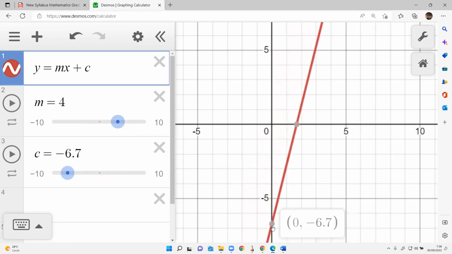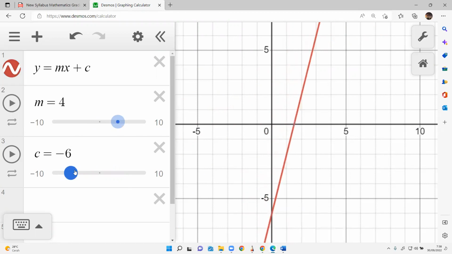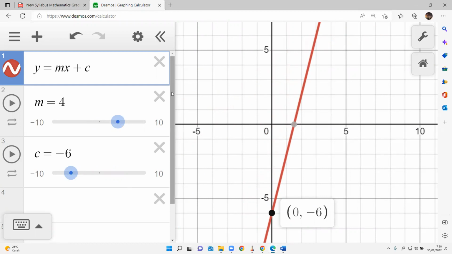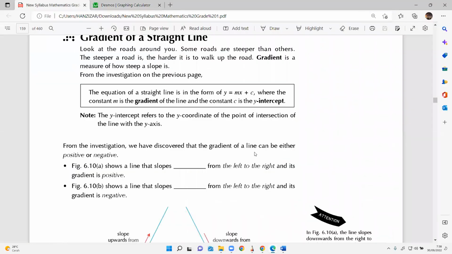The y-intercept. See, -6.7, and the c also -6.7. If it is -6, the c is also -6. So I think you know the idea right now. Get it? Any questions so far? No question? Okay, let's start the more challenging part.